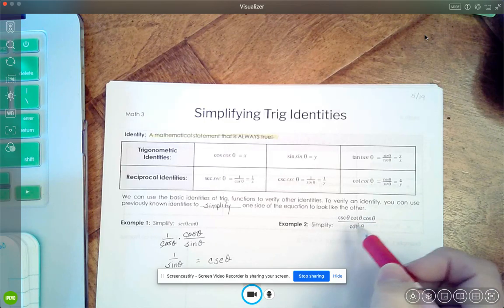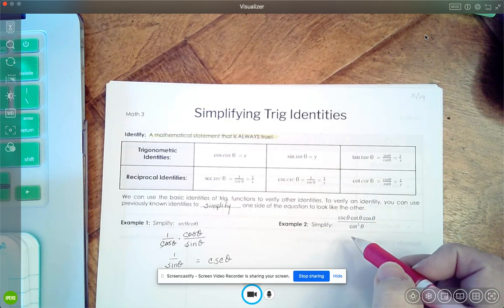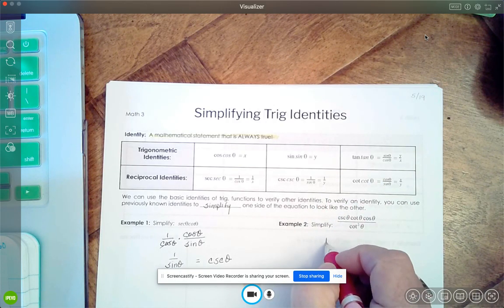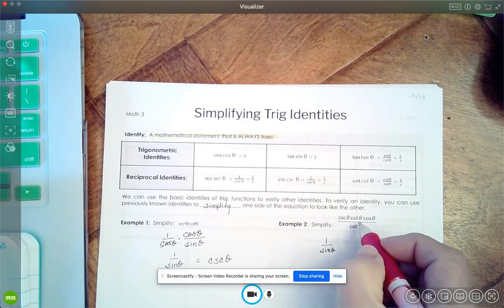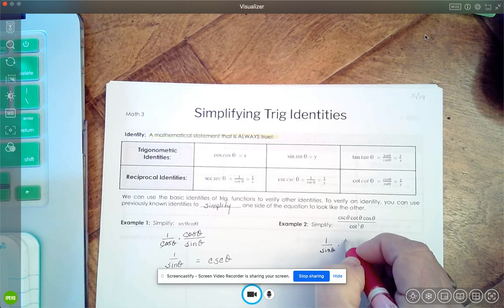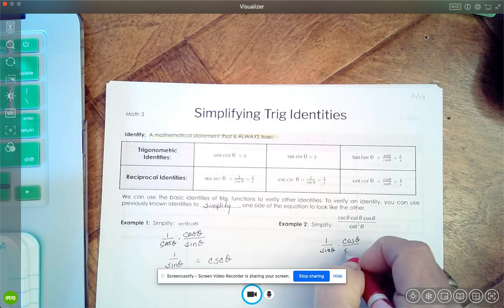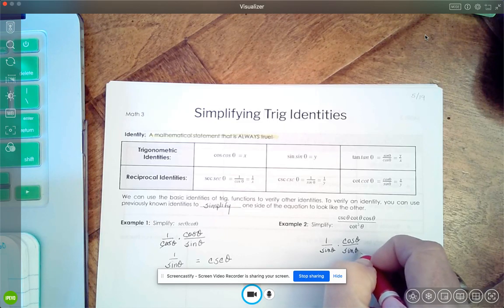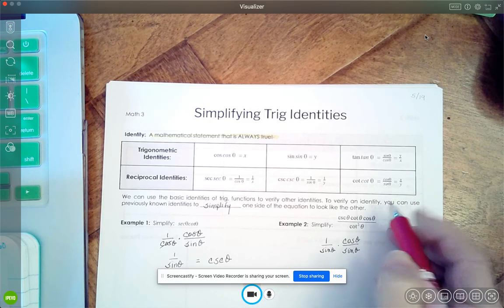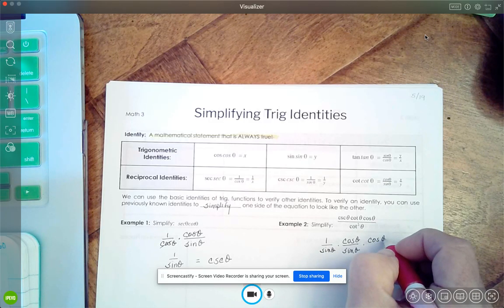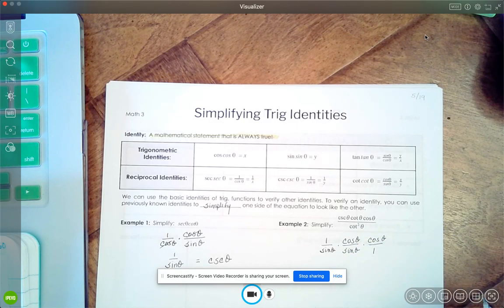Here's another example. Remember, I am taking everything back to cosine and sine. So cosecant of the angle is 1 over sine of the angle. Cotangent of the angle is cosine of the angle over sine of the angle. And then cosine of the angle is cosine of the angle over 1.